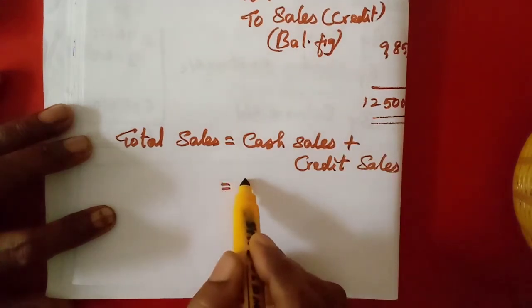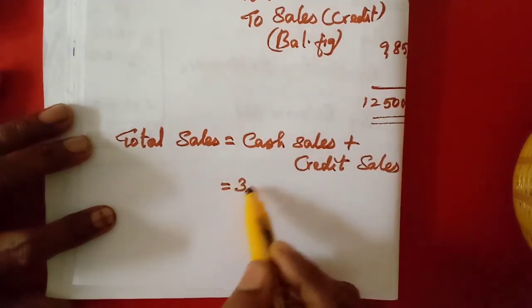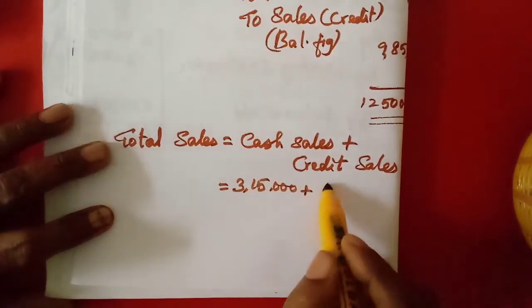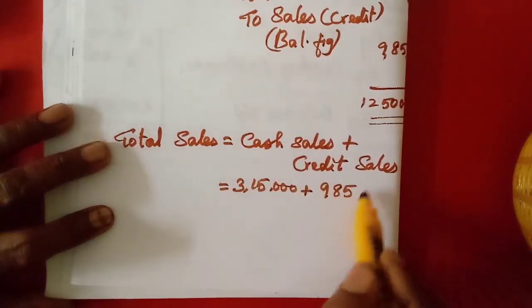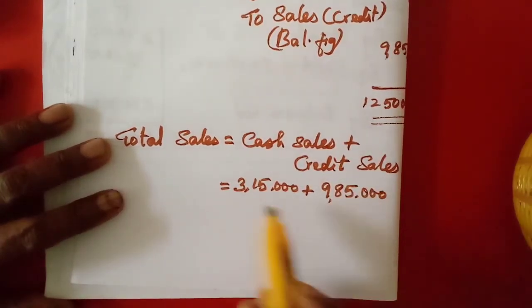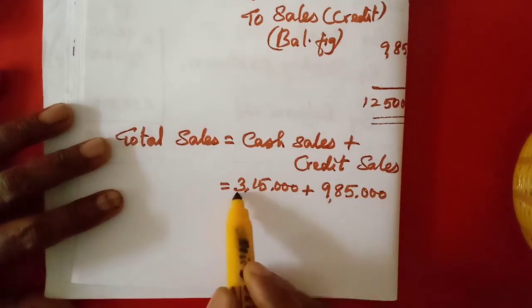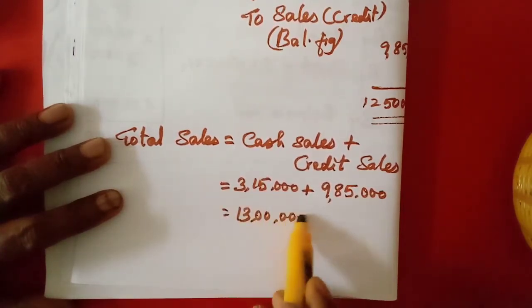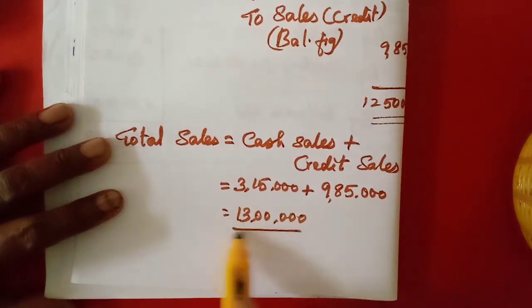How much is the cash sales given in the problem? 3,15,000 plus credit sales 9,85,000. 9,85,000 plus 3,15,000: 10 lakh plus 3, 13 lakh. Isn't it? Or you have to write there and calculate.